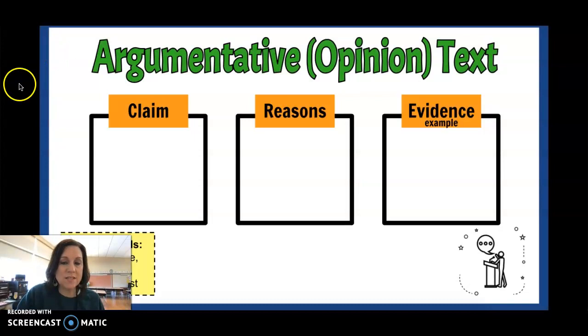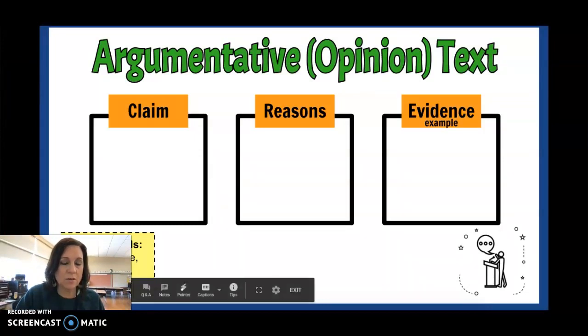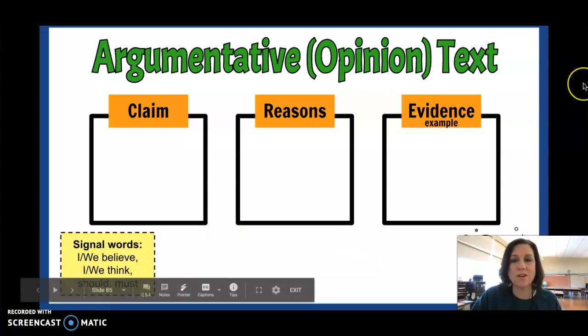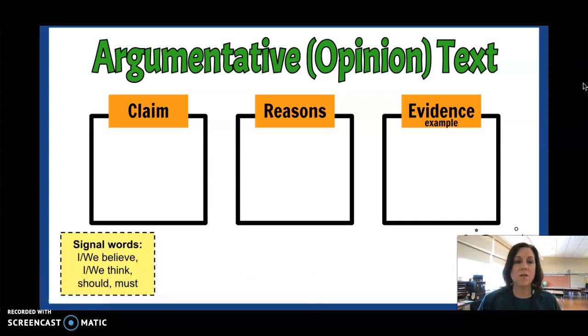All right. So today we're talking about argumentative or opinion text. It's another name for an opinion text. Okay? An opinion text has a claim, reasons for that claim, and then evidence, which would be your example.